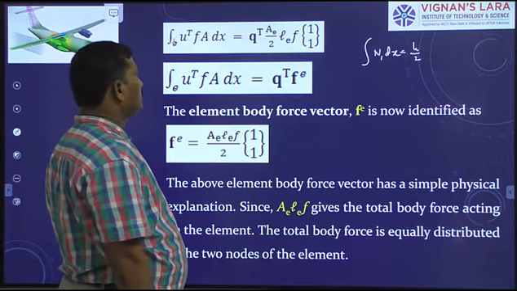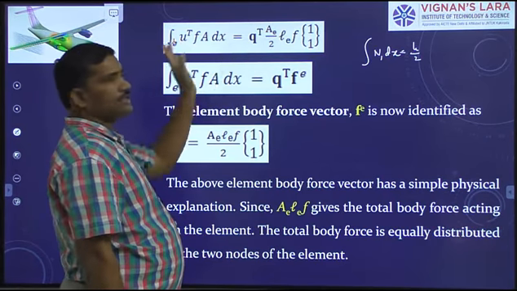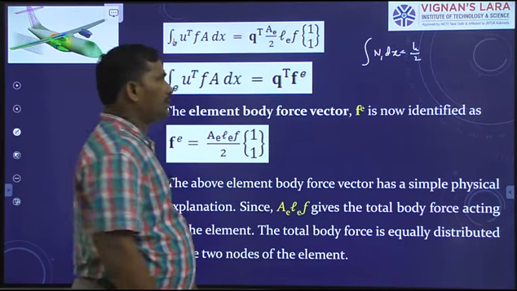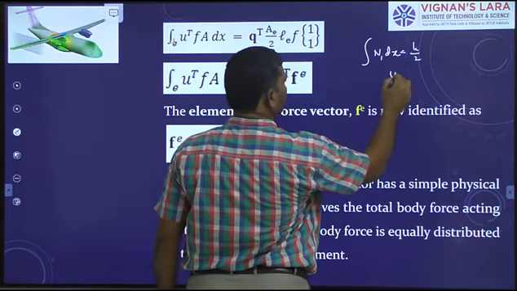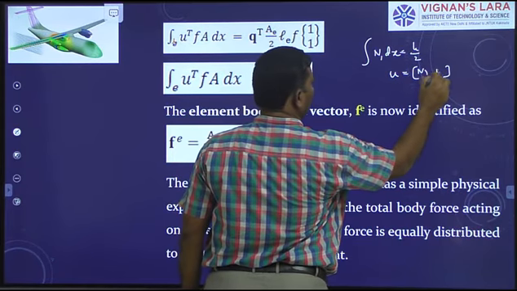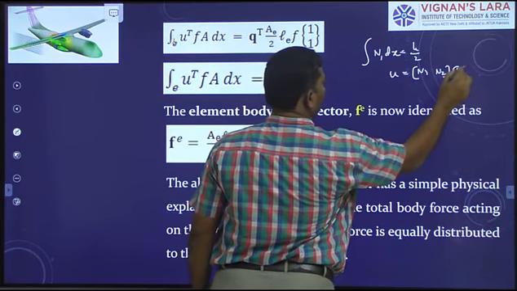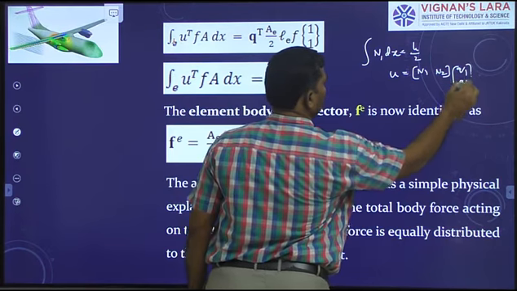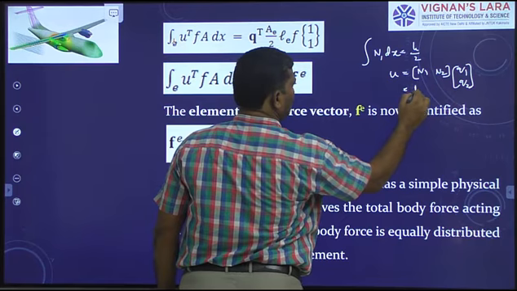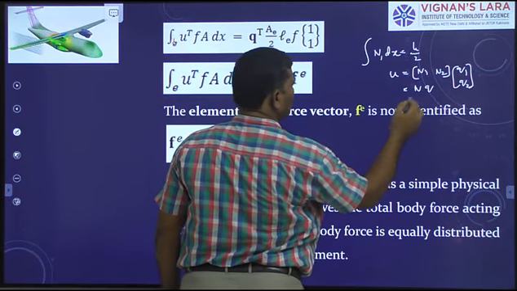Understand? How does this q transpose come into consideration? Because u equals a row matrix having the elements N1 N2 into a column matrix having the elements q1 and q2. This I represent by the shape function matrix N, and this by q.